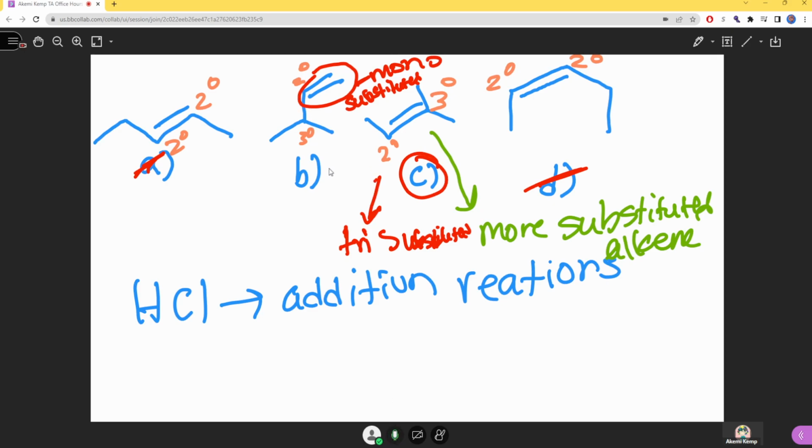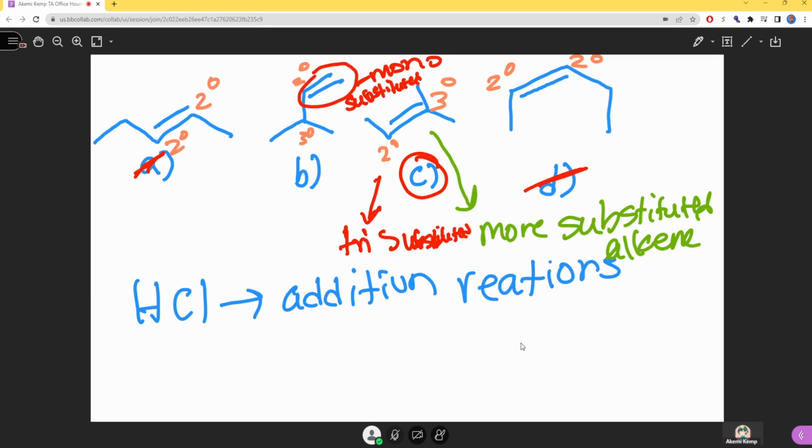Mr. Kemi, when you're counting the tertiary and secondary stuff, how are you counting it for like B and C? Like, how do you know it's tertiary? Oh, so remember, it depends on the amount of carbons that the carbon with the carbocation is attached to.